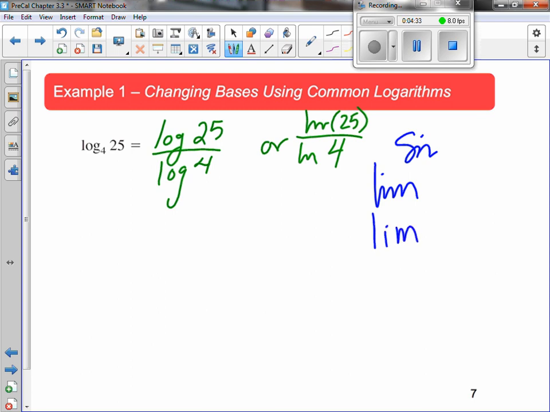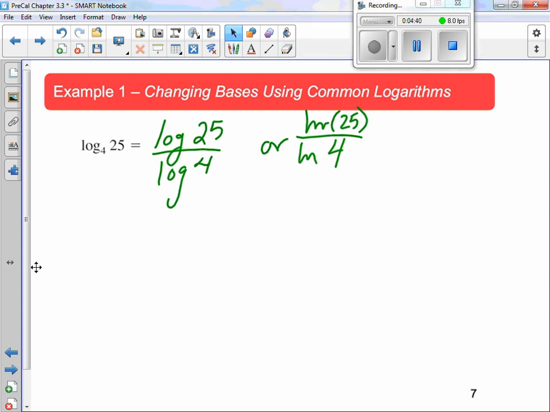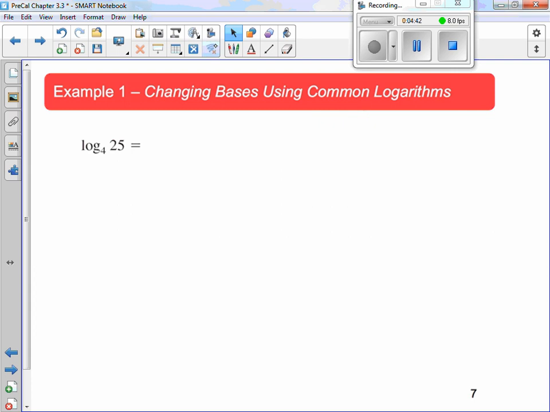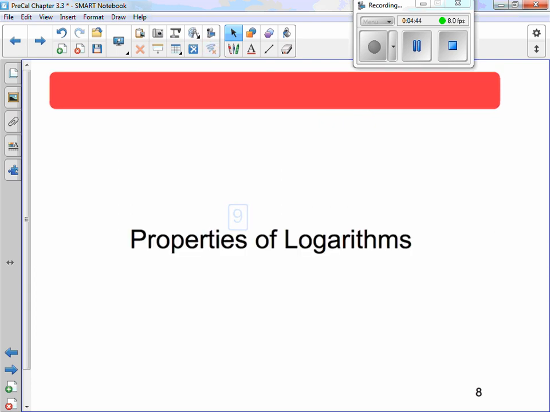When you talk about the limit, I picked that up from my college professor, the way he wrote them. But that's all we have to do for these.